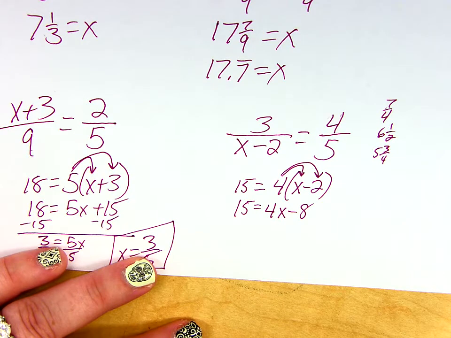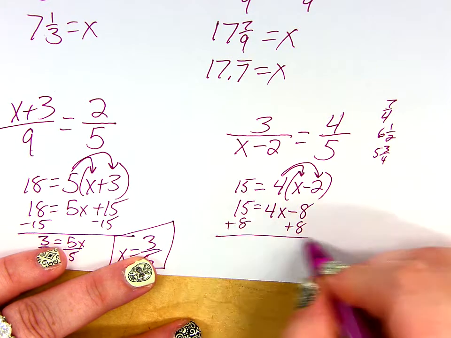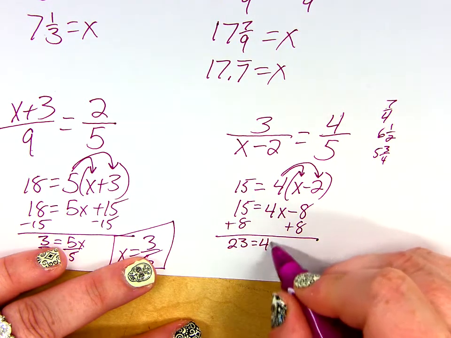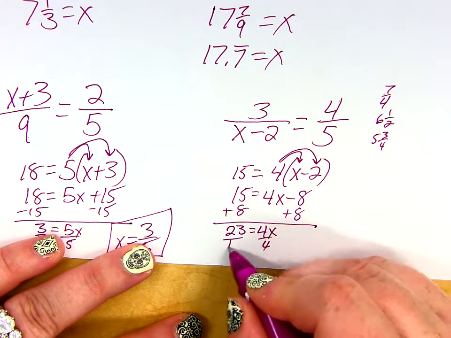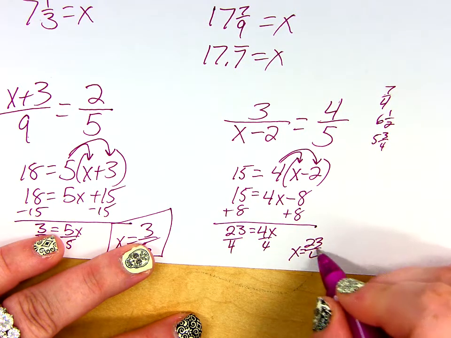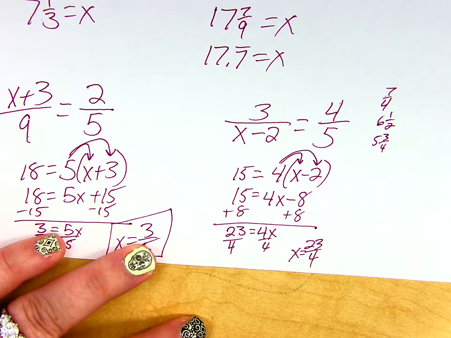So once I get here, I'm finally able to solve like we all know how to do. I'm going to add that 8. So 23. And then go ahead and divide by 4. So you can leave your answer as 23/4 because you can't reduce that at all. But if you want to change it to a mixed number, that's fine.